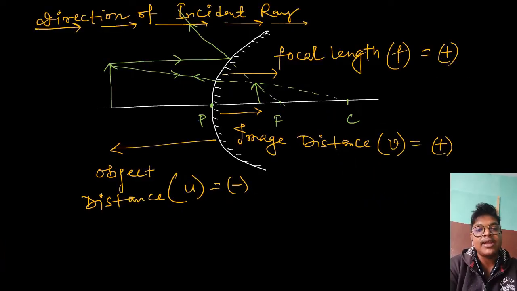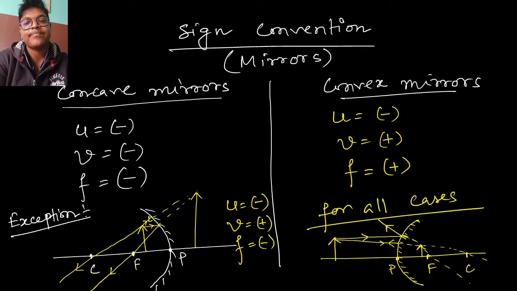So if you calculate the image distance in the same direction of the incident ray, the image distance should be positive. Where the image is formed on the same side, the focal length should be considered, so the focal length is also positive. And the object distance is always negative. For all the cases of mirrors, for all the cases of lens, the object distance is always negative.